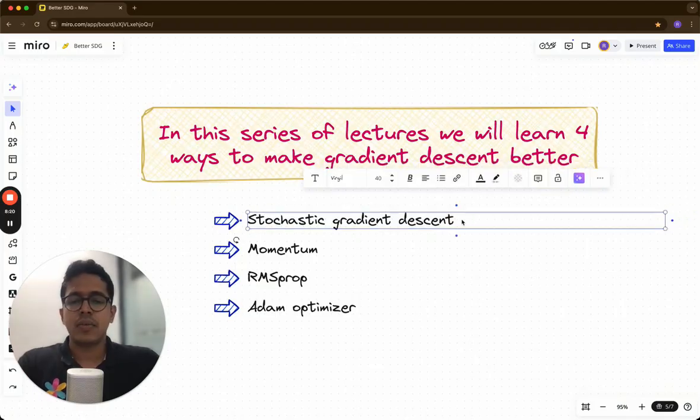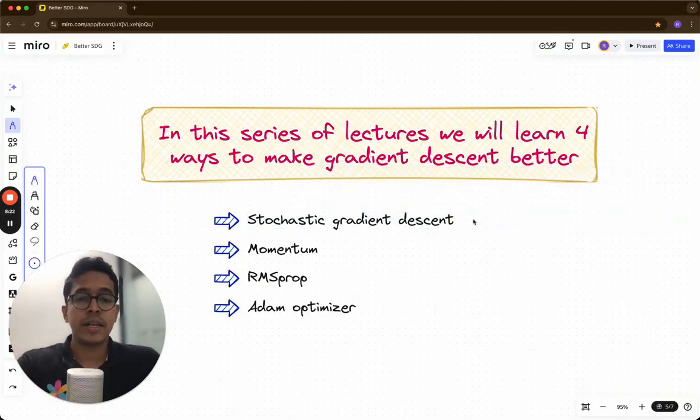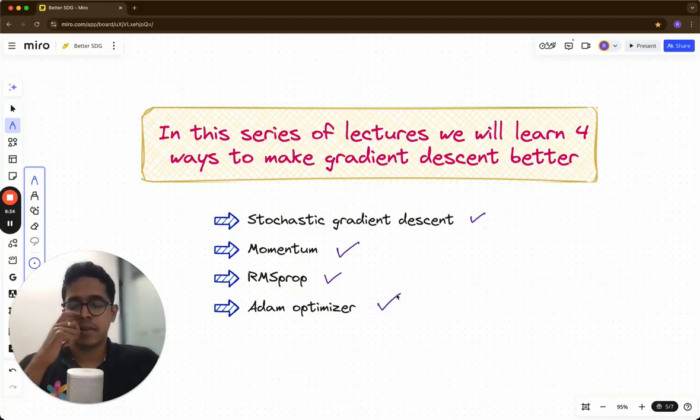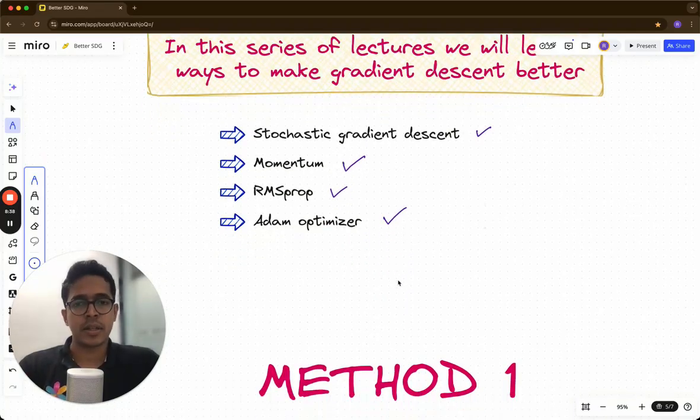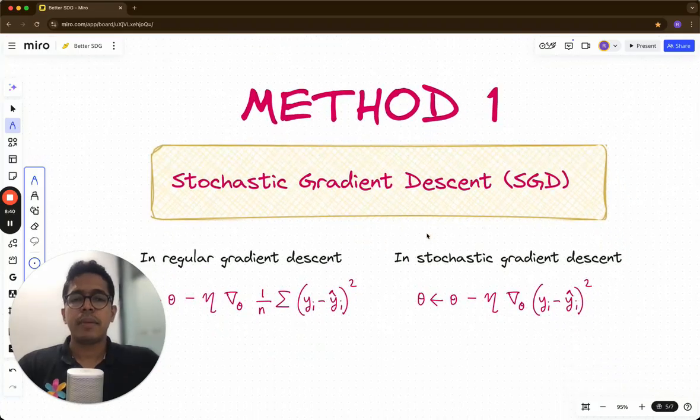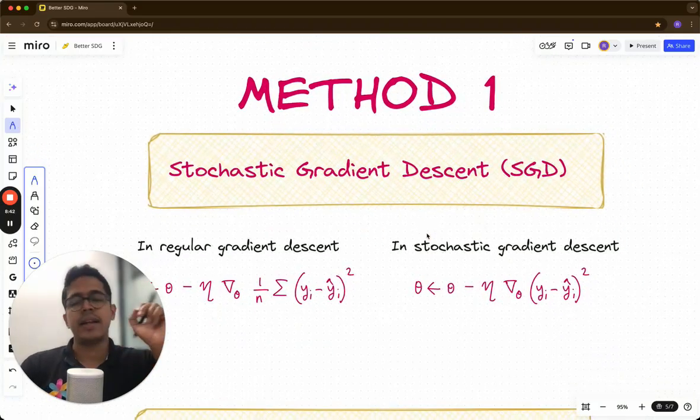The next lecture would focus on momentum, a concept which has fairly good intuition present from physics itself. The lecture following will focus on RMSprop, which is root mean square propagation. And the final lecture in this series will be on the Adam optimizer, which is the most famous optimization algorithm. So let's look at method 1 in detail in this lecture, stochastic gradient descent.